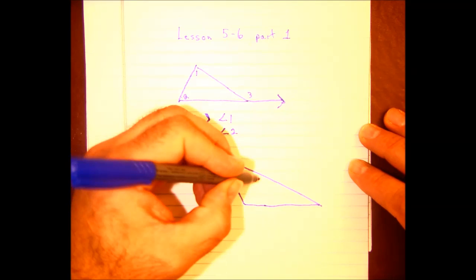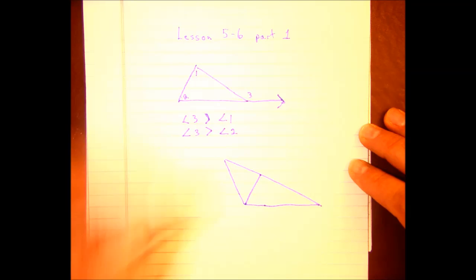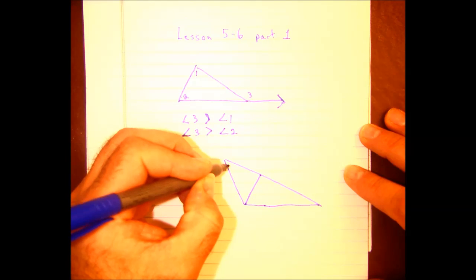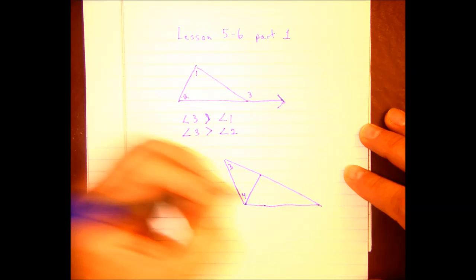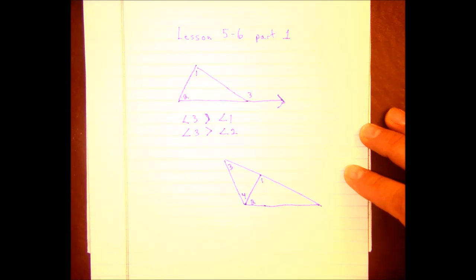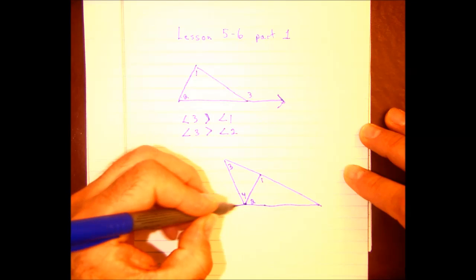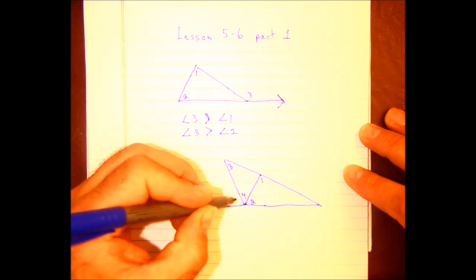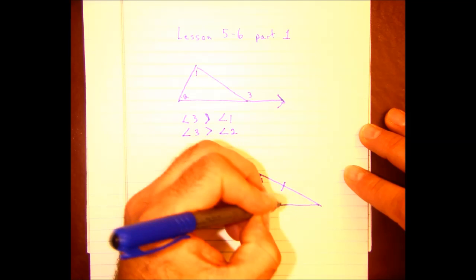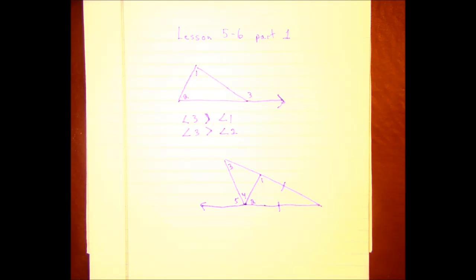And then we label 3, 4, 1, 2, 5. All right. So now if I look at that picture, what should jump out at me?